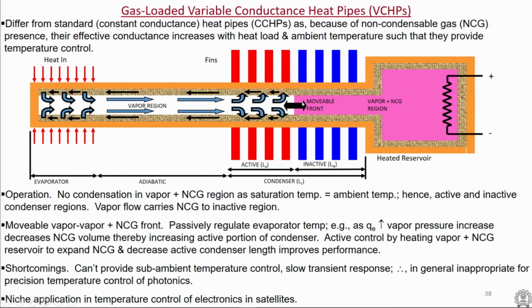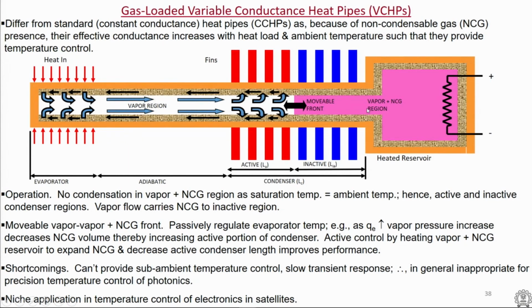So, this condensation region is modulated: when you heat it, the non-condensable gas blocks the vapor from penetrating deep into the condenser region, and only part of the condenser region is used. In this way you can vary the conductivity of the heat pipe, and if there is no heating, the non-condensable gas stays in this reservoir so that the vapor can penetrate all the way.